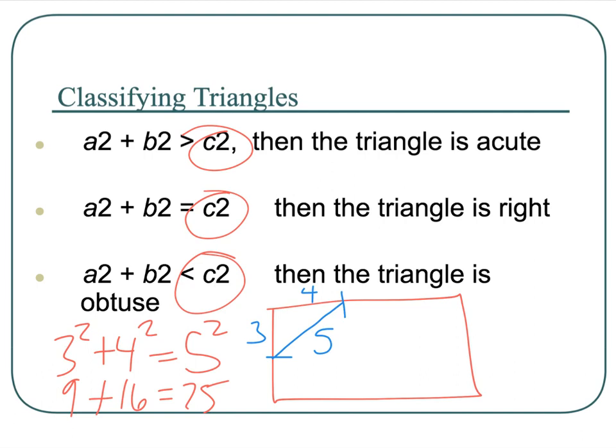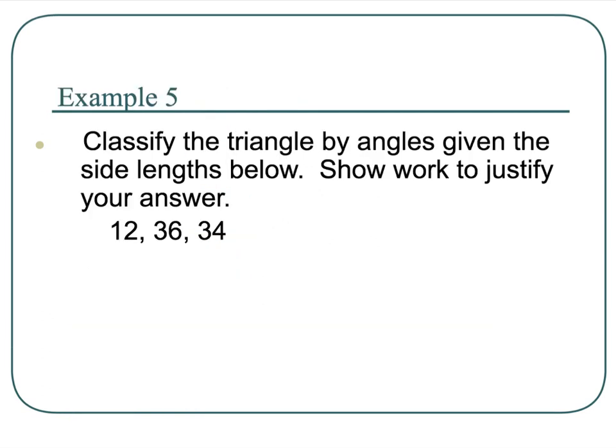Now, if it's over 5 feet, if it's bigger than 5 feet, I know that this angle right here is bigger than a right angle. It's over 90 degrees. If it's less than 5 feet, I know it's less than 90 degrees. But if it's dead on at 5 feet, I know I've got a right angle. Okay? So I can use that. I can make a couple marks on the piece of wood and measure between them to see if I've got that right angle. So it's one way you can verify that. One way that's useful in the real world.